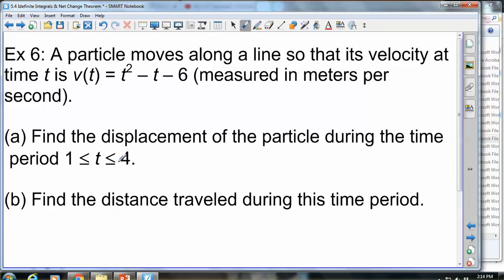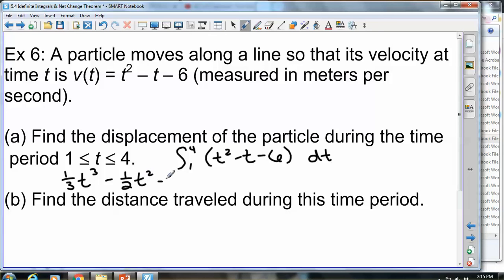Displacement is just asking for your change in position from beginning to end. So displacement is just your normal antiderivative from where to where? 1 to 4. So if I do my antiderivative, we would get 1/3 t cubed minus 1/2 t squared minus 6t between 1 and 4.